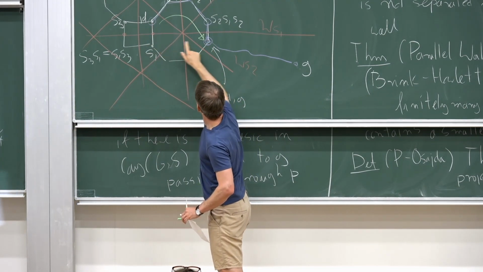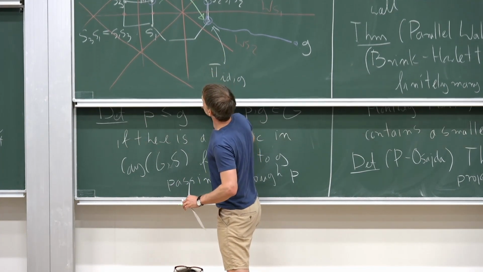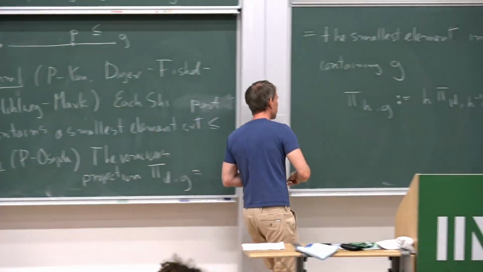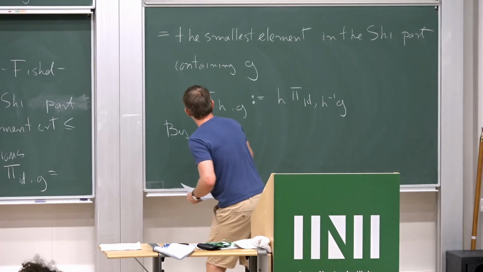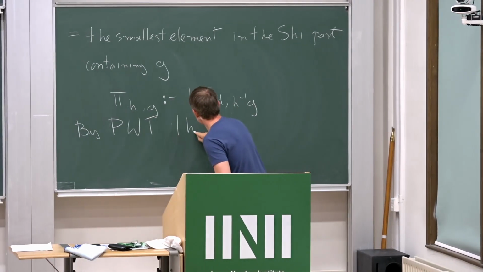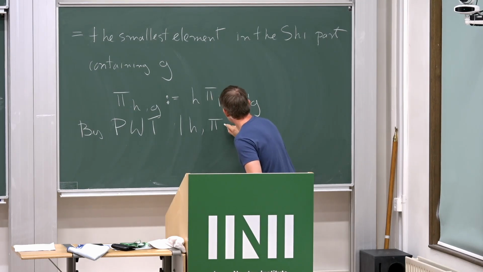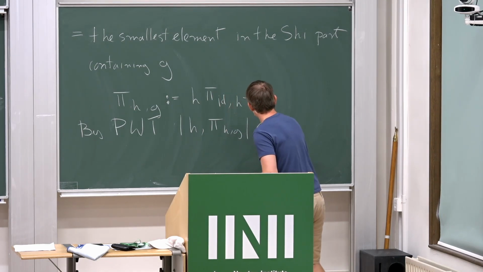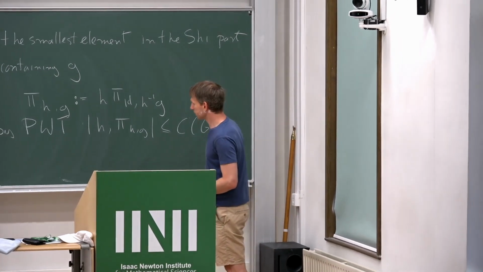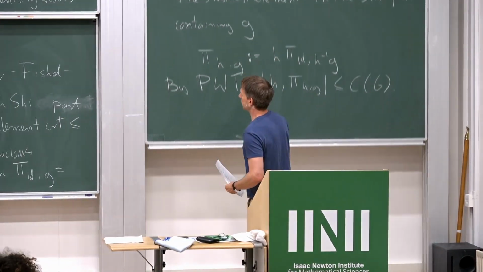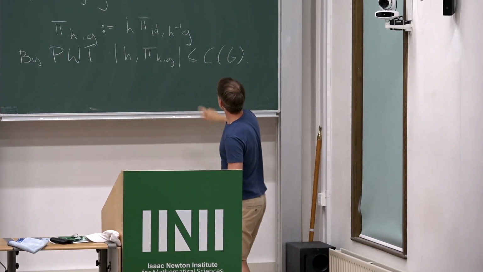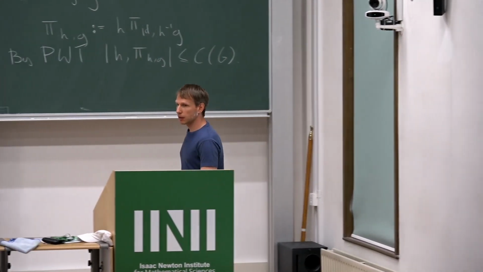By the PWT, the parallel wall theorem, the distance between H and the projection of H towards G is smaller than some constant depending only on the group.